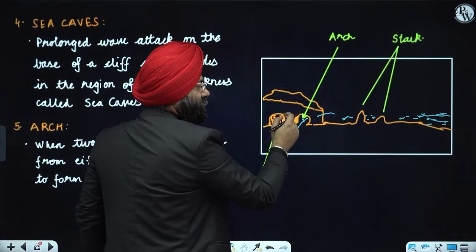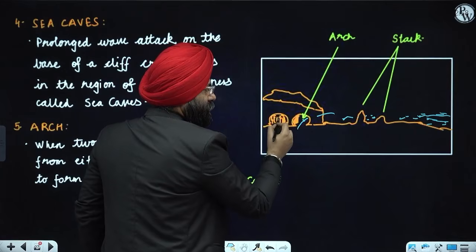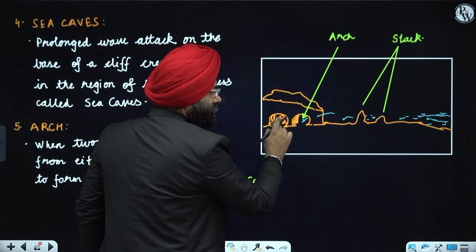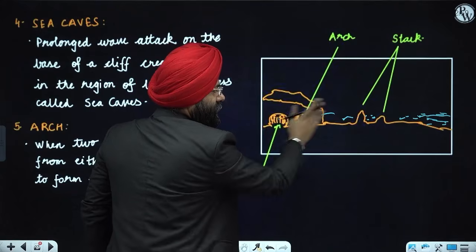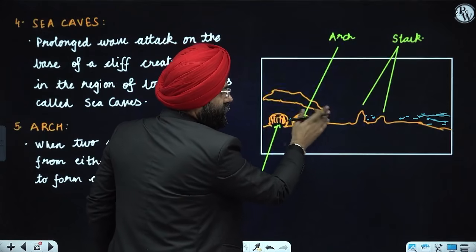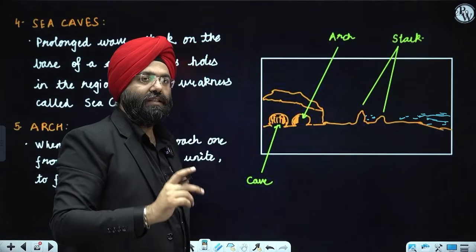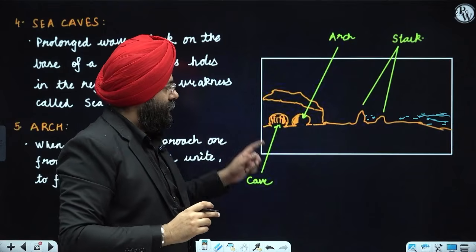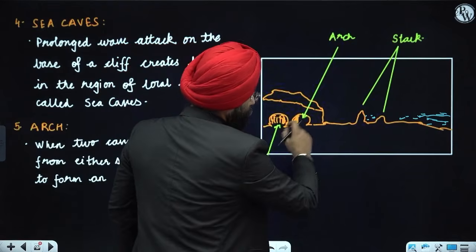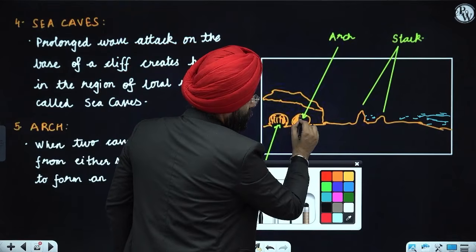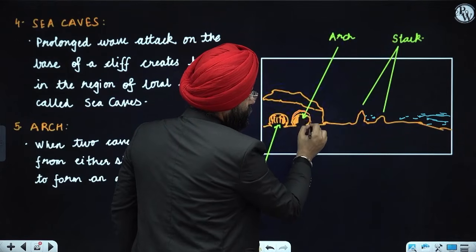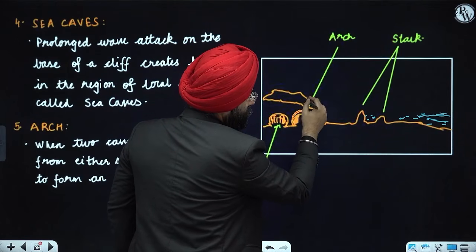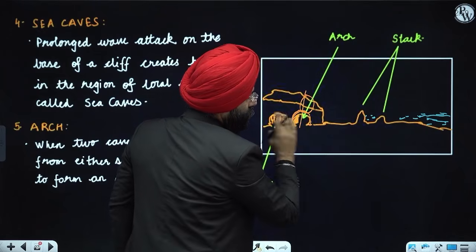Post the creation of the cave, the erosion continues. This part will be continuously eroded from that side also, this side also. So in a way, an arch-like structure will later on form. Now, supposing the erosion continues even now, the size will possibly increase, and possibly this particular part will fall down.